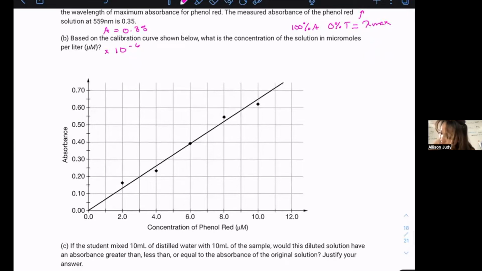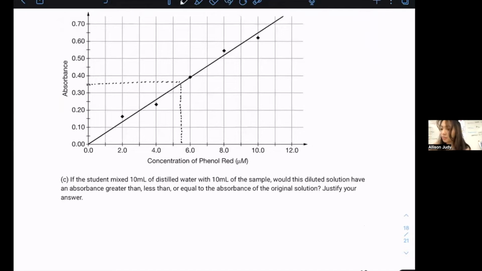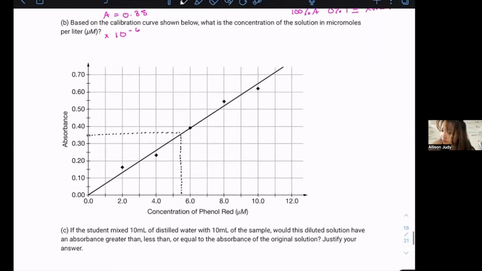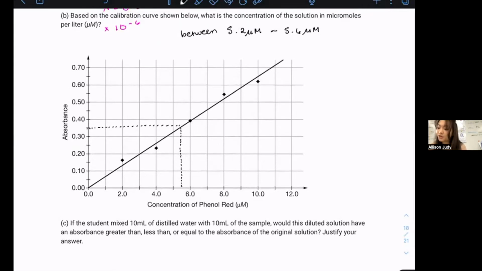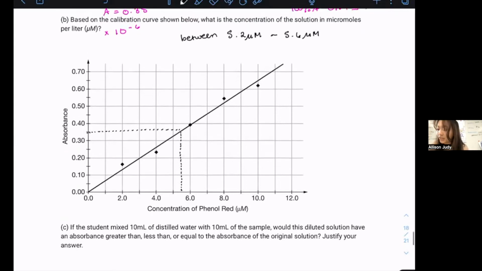Well, at 0.35 absorbance, according to the trend developed between absorbance and concentration for this specific sample, I would guess that the concentration in micromolarity is between 5.2 micromolar and 5.6 micromolar, which would be an acceptable range for the AP College Board to have you extrapolate from the data.